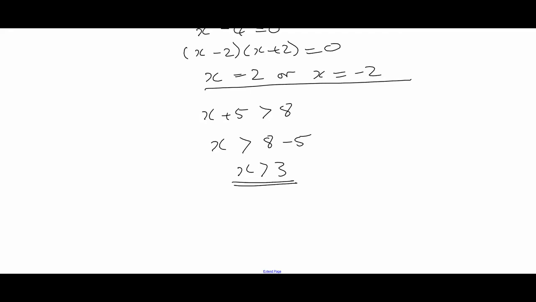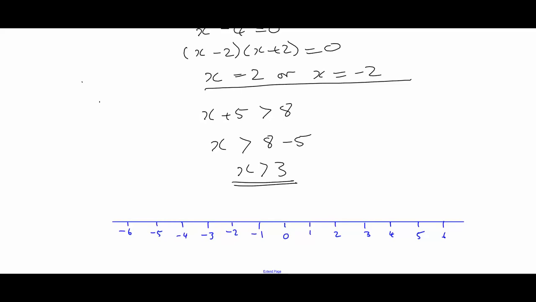Sometimes we like to illustrate that on a number line. So here's a number line, x greater than 3. It's over here, so I draw that as a line going towards the right, and it's not equal to 3, so I illustrate that by drawing a circle at 3, showing that I don't want to include 3.